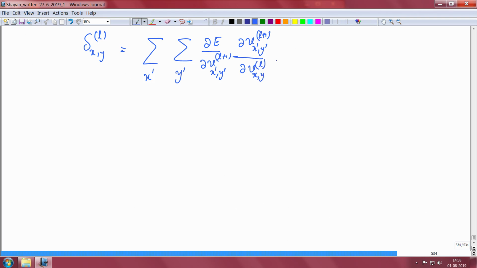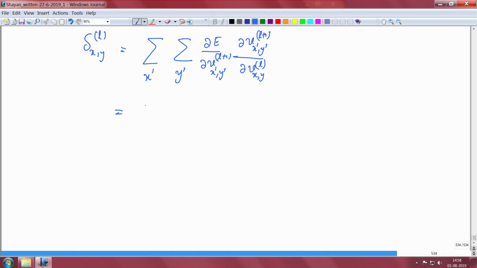What this equation really means is that we have to look at all the local gradients from the next layer connected to the node x comma y, and that is the reason we are using the chain rule and summing over all possible x prime y prime.